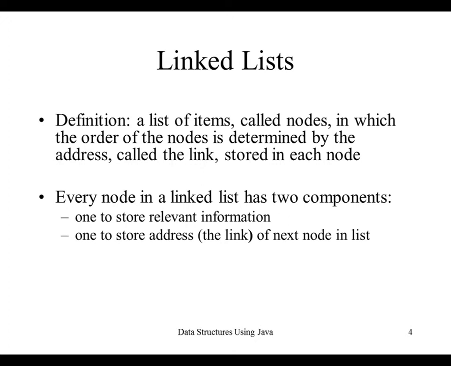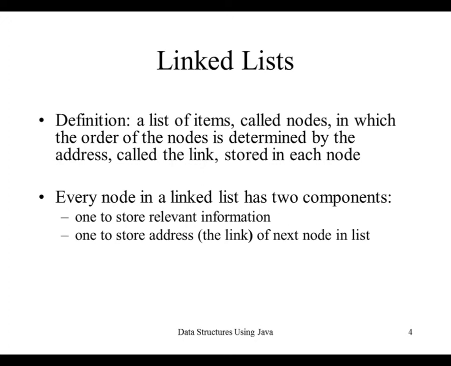In the previous lesson, we showed how memory can be dynamically allocated and deallocated using reference variables. So this session uses reference variables to organize and process data in lists, and these are called linked lists.